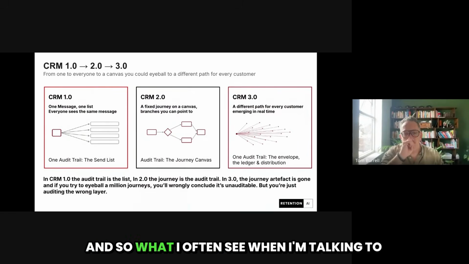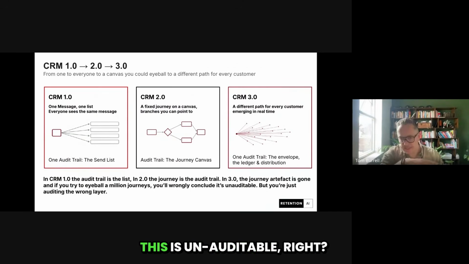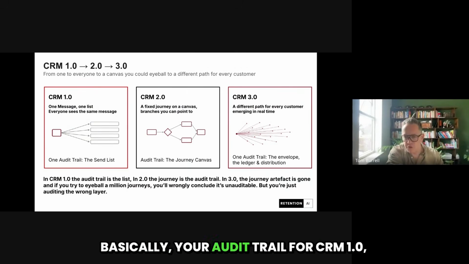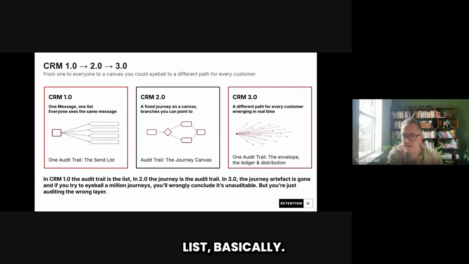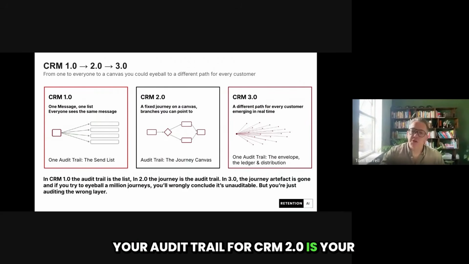What I often see when I'm talking to leaders about this is that they worry it is unauditable. So CRM 1.0 is one message, one list. Your audit trail for CRM 1.0, the batch and blast campaigns, is your list: everybody you sent it to. Your audit trail for CRM 2.0 is your journey canvas.